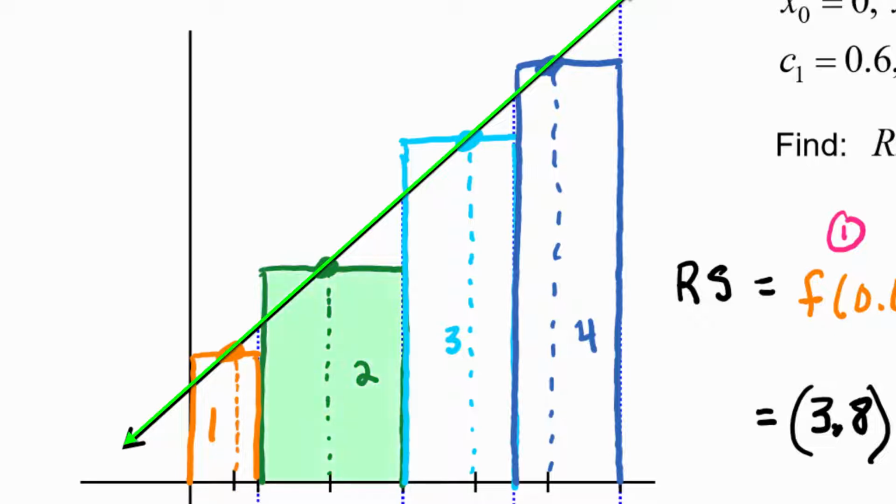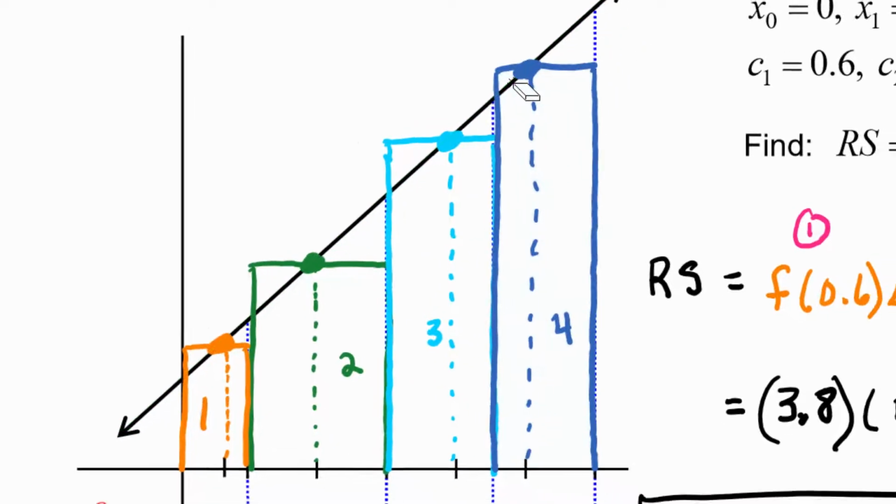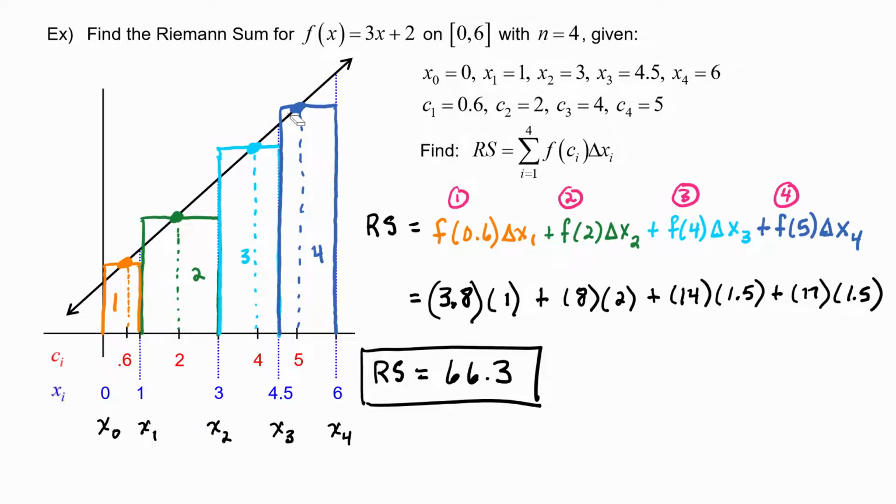In region 2, we're a little under here because we're not covering that area, but we're a little over on this side because we are covering that. So this rectangle is estimating the area that would be under the curve. Same for region 3, too little here, too much there, can offset each other, and same for region 4. So the Riemann sum is another way that we can estimate the area under a curve using rectangles.